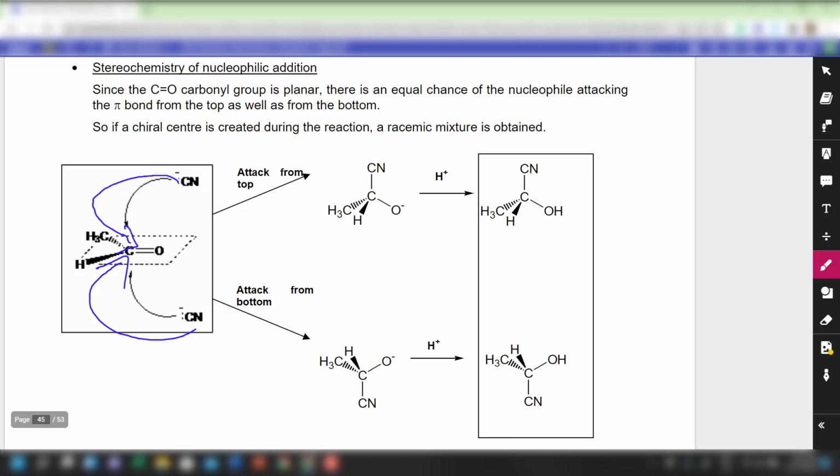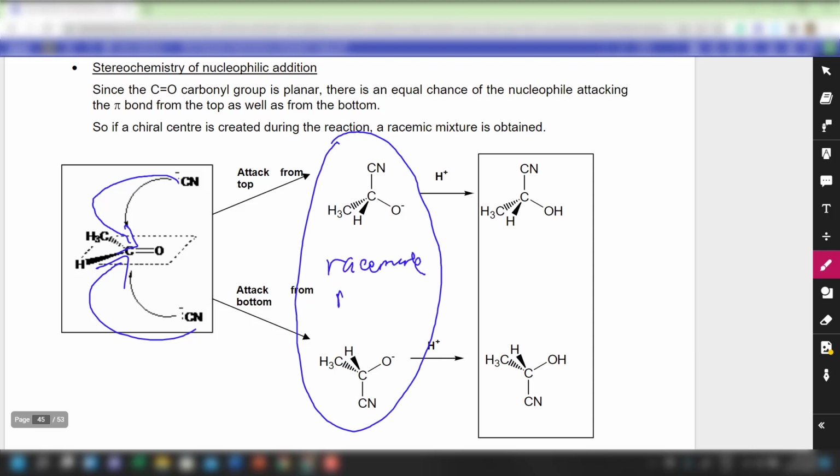But the difference between this mechanism and electrophilic addition is that for nucleophilic addition, when the nucleophile approaches the carbonyl carbon from the top and bottom plane with near equal probability, you start by generating what we call a racemic intermediate. So the intermediate is already a racemic mixture. That is the largest difference. Remember this. Then the protonation obviously will result in a racemic mixture.